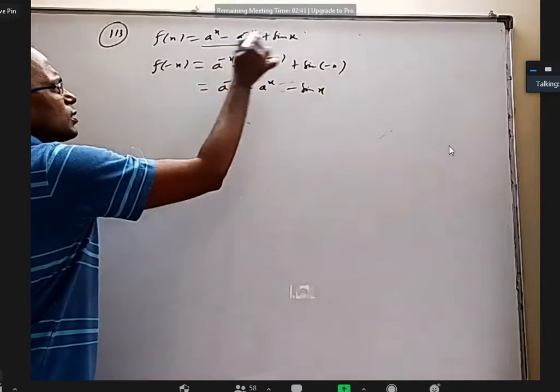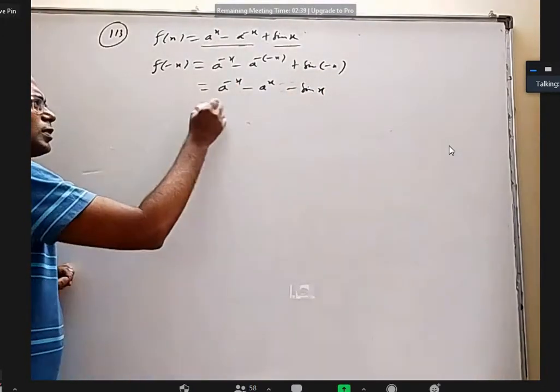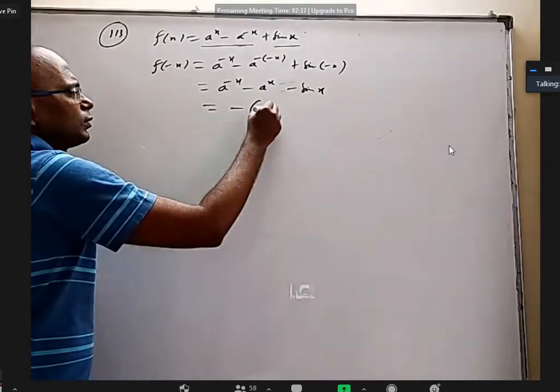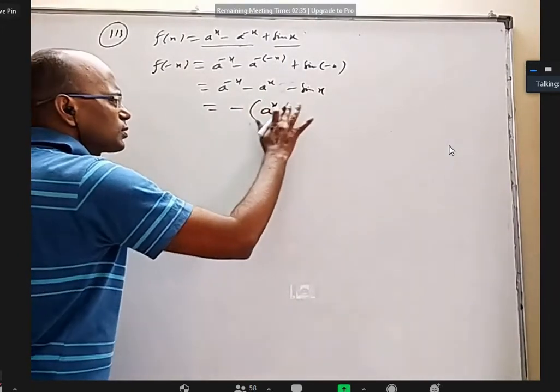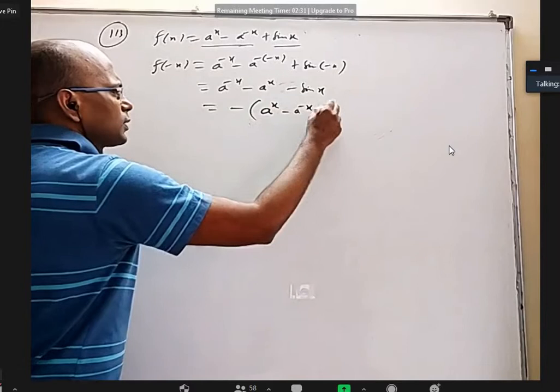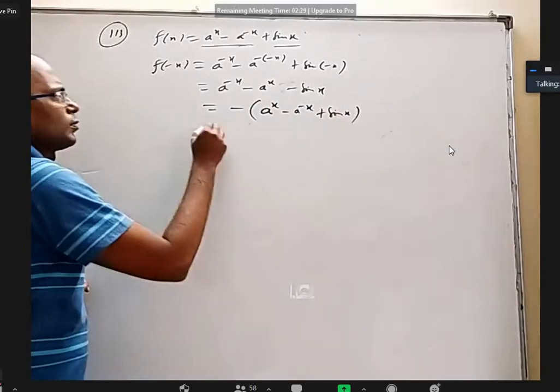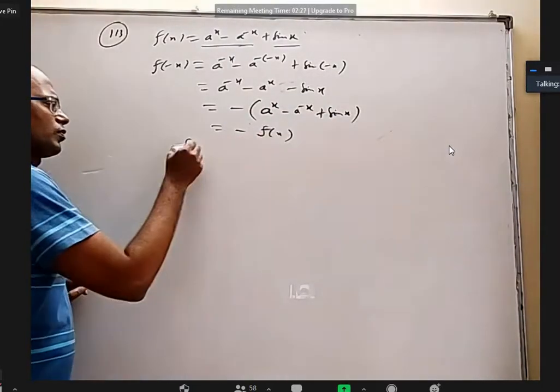Actually, this alone is odd. This is odd. Sum of two odd functions is odd. But you can take minus common in total. You will get a power x minus a power minus x plus sin x, which is minus f of x. So f is odd.